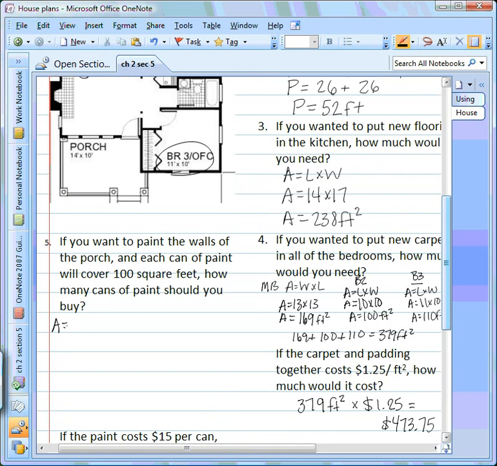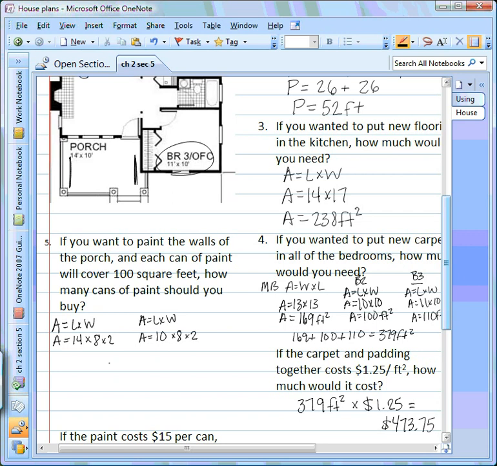So we're going to find the area of one wall, which we know is length times width. We know one wall is 14 by the height. Standard walls are 8 feet high. And the other one is going to be 10 feet by 8 feet. When we solve those, we know we need to multiply by 2, because there are 2 walls that are 14 feet and 2 walls that are 10 feet.